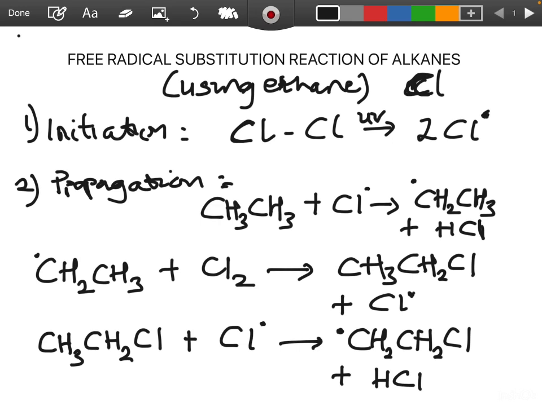So let me repeat what I said previously. When a chlorine radical reacts with an alkane molecule, it will pull out the hydrogen. So you have an alkyl radical with HCl being formed.